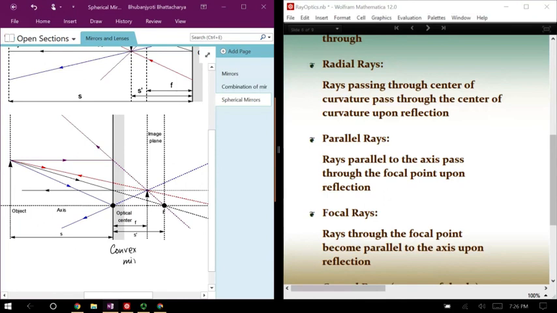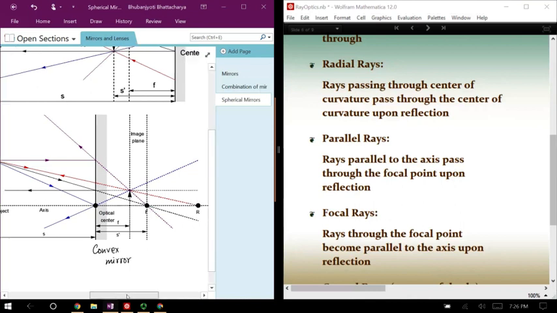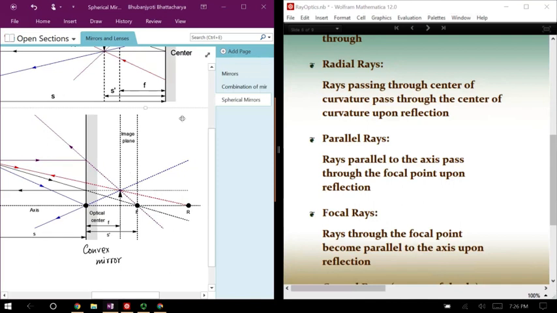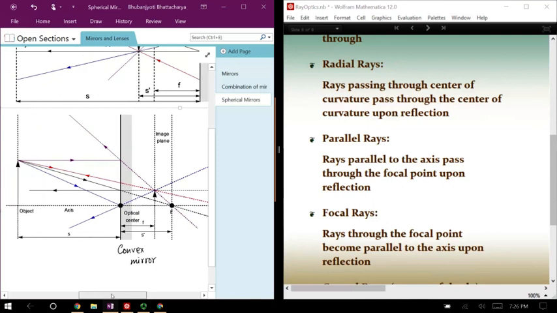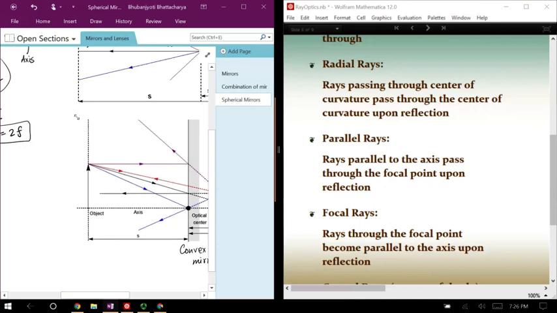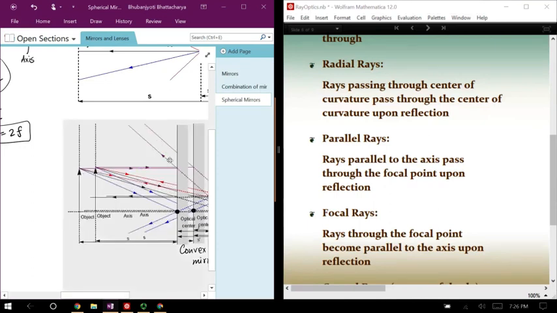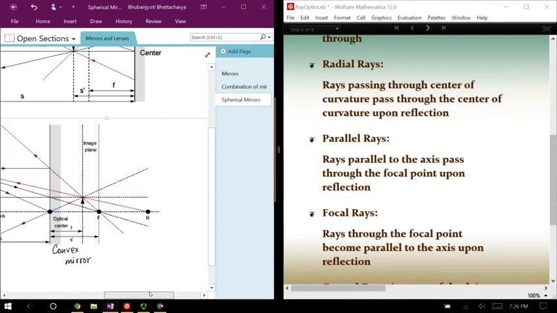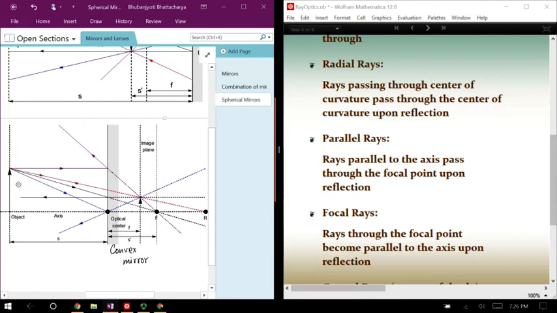For a convex mirror, it turns out that the center of curvature and the focus are on the opposite side of the mirror compared to the object. Let me make this a little bit smaller so that I can bring this back in here. Now you can see that this is the object, that's the mirror, and the focus and the center of curvature for the convex mirror are behind the mirror.